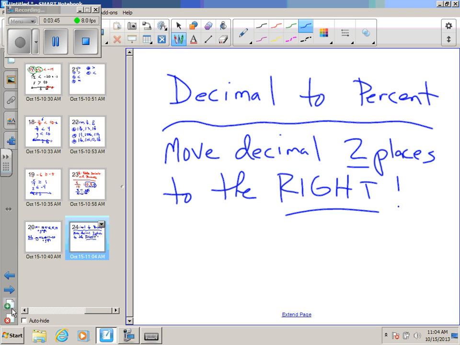Get it down as notes. Anytime I want to convert a regular old decimal to a percent, I move that decimal 2 places to the right.